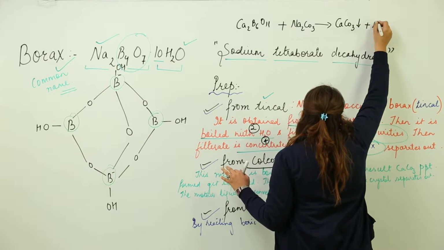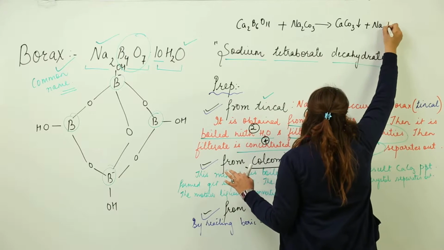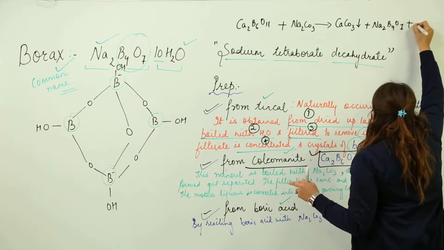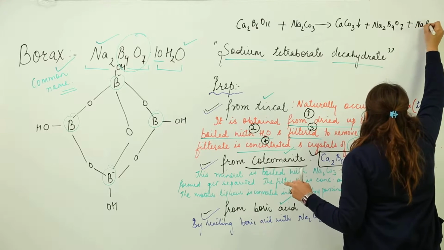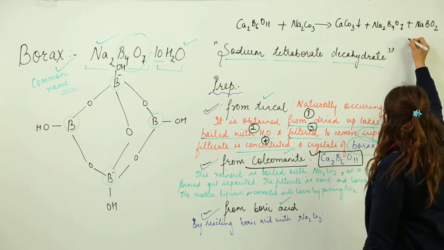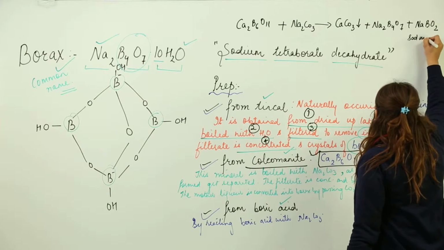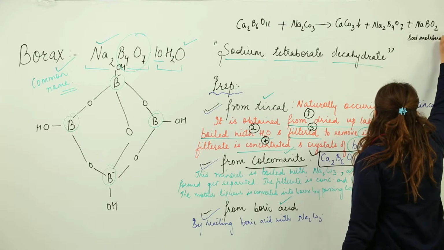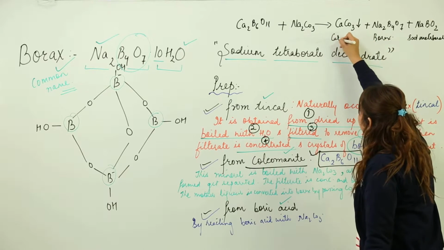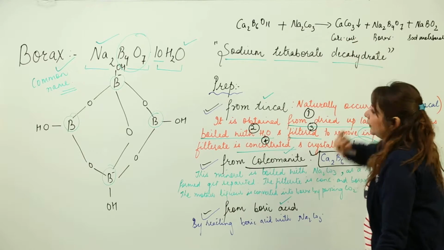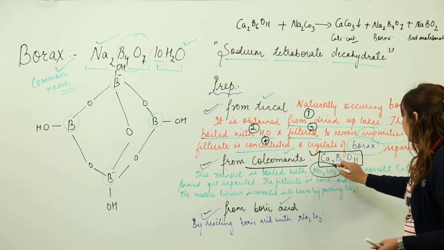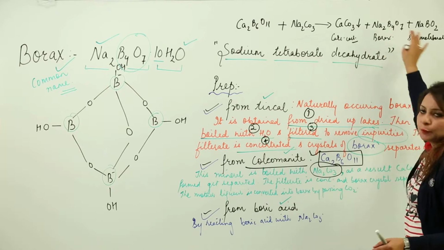Along with that, they form crystals of borax, and also sodium metaborate, that is NaBO2. This is sodium metaborate, this is borax, and this is calcium carbonate. So when you boil colemanite with Na2CO3, you get these products.